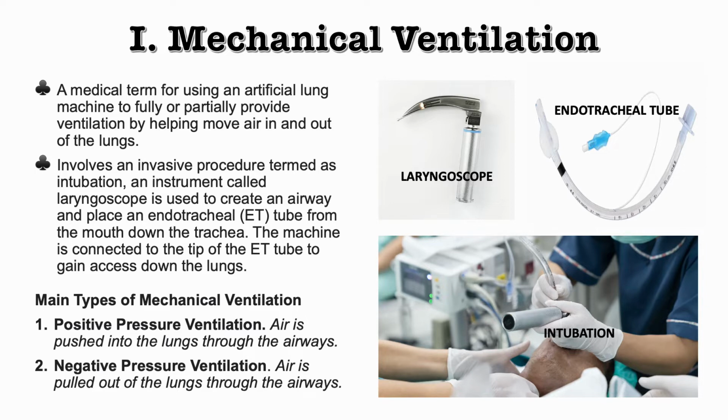Photos above show the laryngoscope and endotracheal tube, while the photo below depicts the process of intubation using the above-mentioned materials. Si laryngoscope, yan yung ginagamit para i-visualize ang airway. Makita yung larynx, trachea, that's when the ET tube will be inserted.